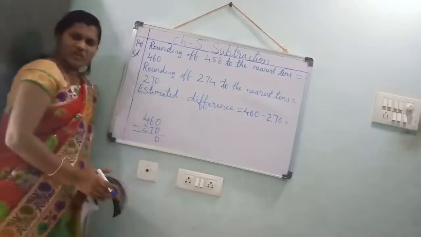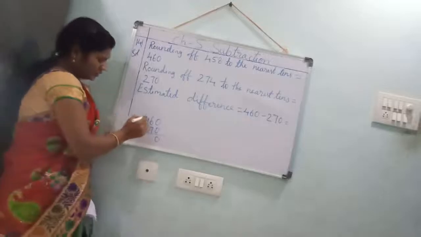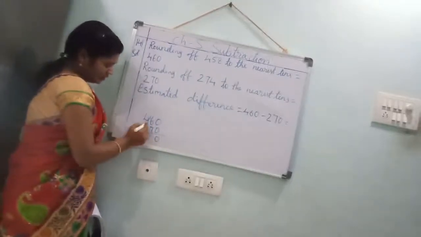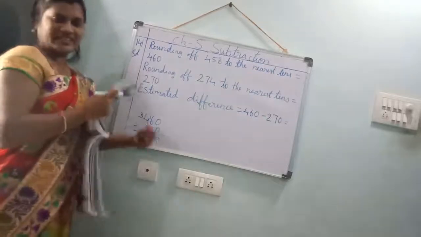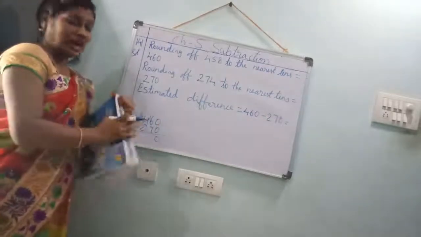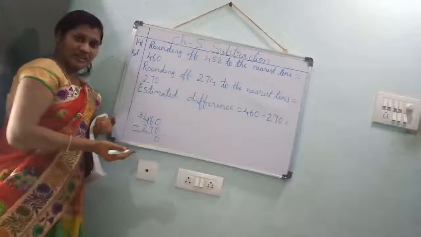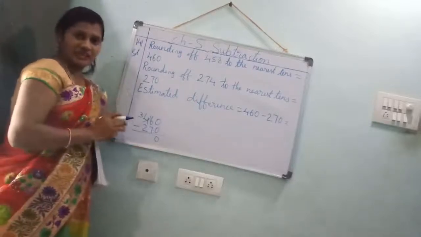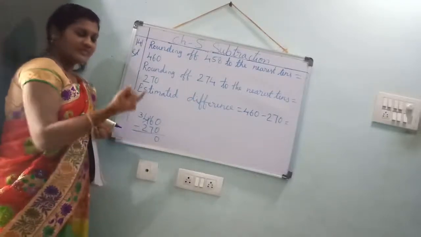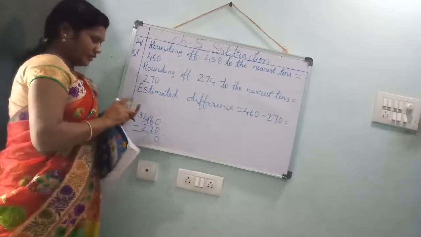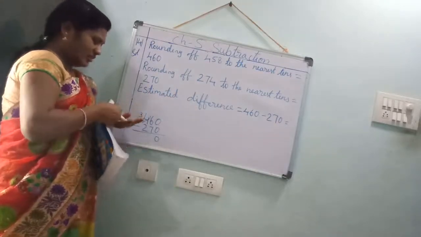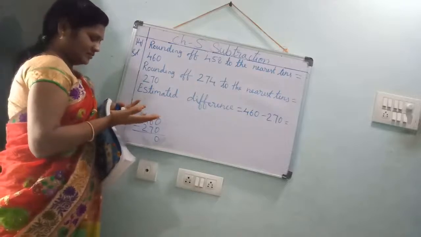In the 6, 7 will go. No. What you have to do? We should take borrow. 16 minus 7. 16 minus 7. What you have to do? You should count 7 after, up to 16 you should count. Understood? 7 after 8, 9, 10, 11, 12, 13, 14, 15, 16. How many fingers came here?